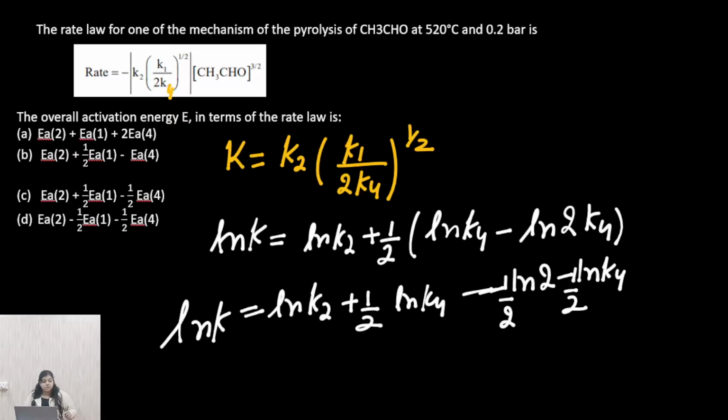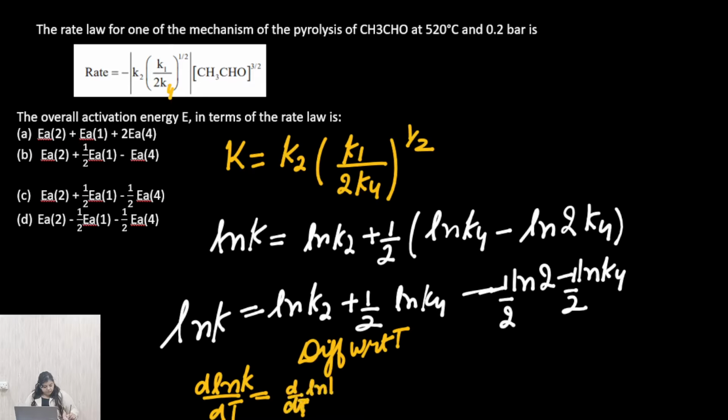Now differentiate this with respect to temperature. We get d natural log of K upon dT. This is equal to d by dT of natural log of K2, right, plus 1 by 2 d by dT of the natural log of K1, right, minus 1 by 2.